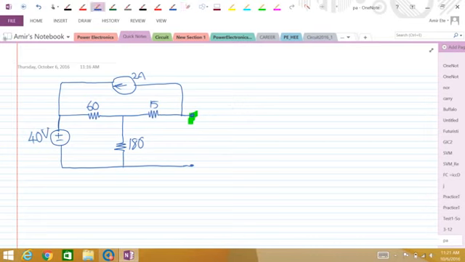The other method that I discussed or briefly mentioned in class and never really showed an example was that we can attach a source across these two terminals, the source V and with current I. So these are parametric current and voltage.